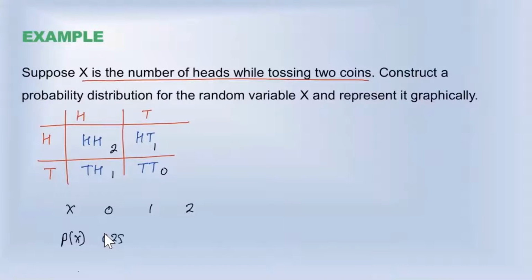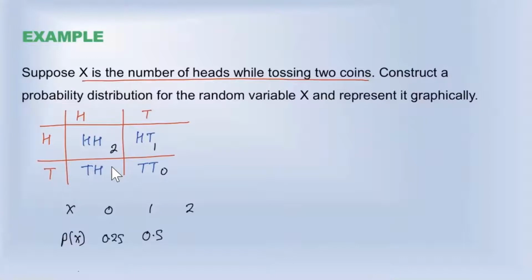Now 1 head, you can see how many there are. There are 2, right? 2 out of 4. So 2 over 4, that is 1 half or 0.5. And then 2 heads, we have only one case out of 4.